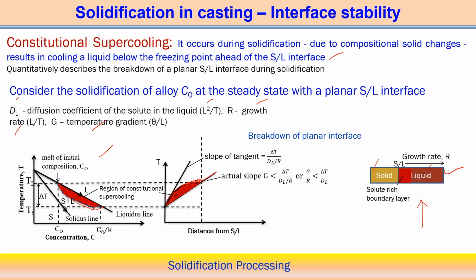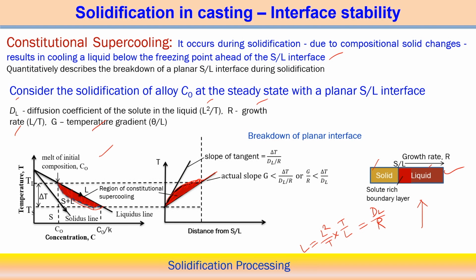The solute-rich boundary layer can be represented by D_L by R. What is the dimension of D_L by R? D_L is L squared by T, and R is L by T, so the result has the unit of length L. This indicates the boundary layer created between the solid and the liquid phase.